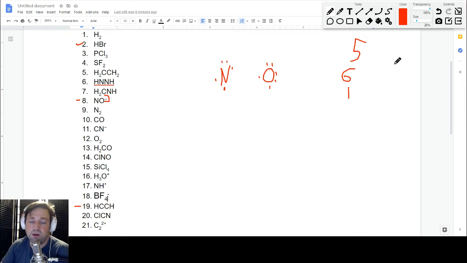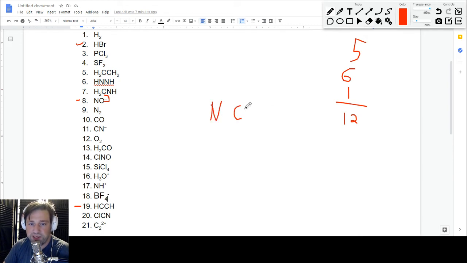So if this entire thing is negative, there's going to be 1 more electron in the mix here. If we sum this together, we get 12 electrons. Okay. So now let's think about the arrangement of these atoms. There's only 2 of them, so they're just going to be side by side.